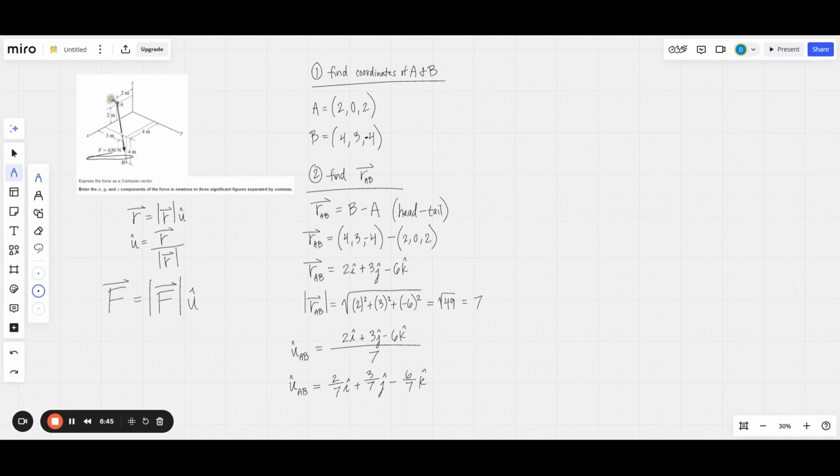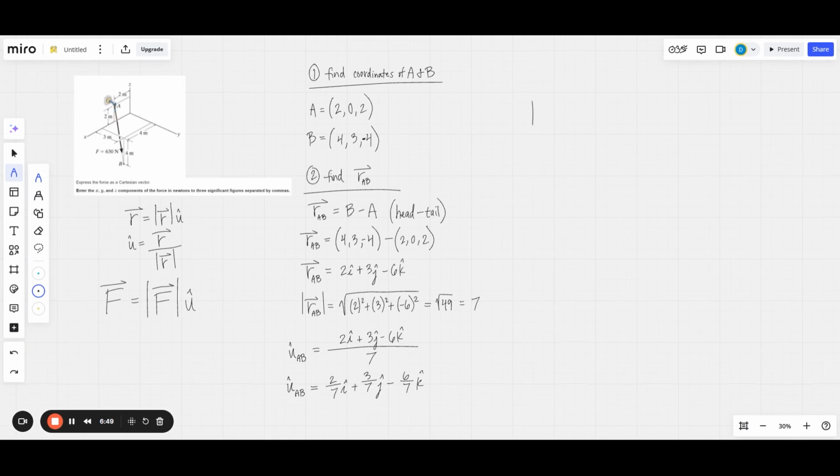And we were given the magnitude of F. So for us to find the Cartesian vector, we're going to have the magnitude, which is 630 newtons, times the unit vector, which we just found.